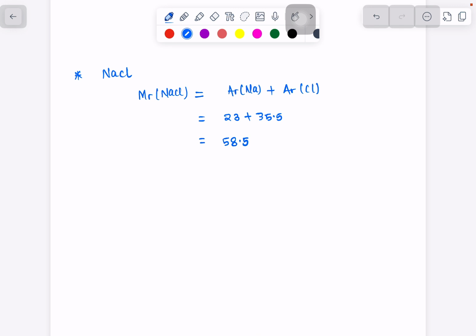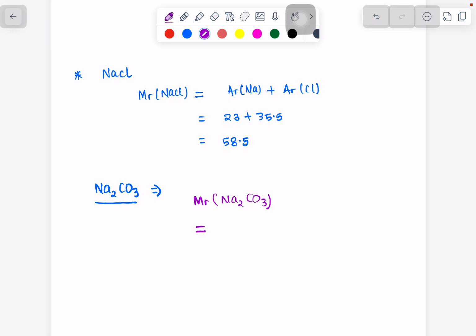Okay. Another example. That was the simple example. Now we'll talk about salts, for example Na2CO3, sodium carbonate. So we're going to calculate the relative molecular mass of Na2CO3. First, we need to find out how many Na atoms, how many carbon atoms, how many oxygen atoms.